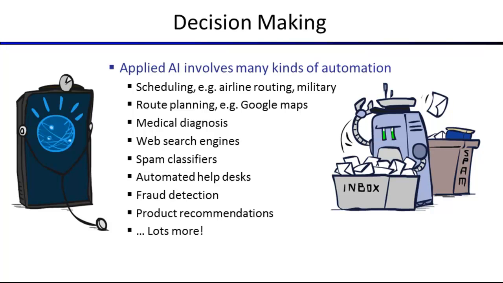That computer will make a decision on whether that looks fishy or not. If it does, then it might trigger a call to you to check that indeed you were trying to make that transaction. Product recommendations. You buy something on Amazon, often it'll tell you in the future, oh, since you bought this in the past, this is something you might want to buy now. And there's a lot more applications of AI that are being deployed right now.